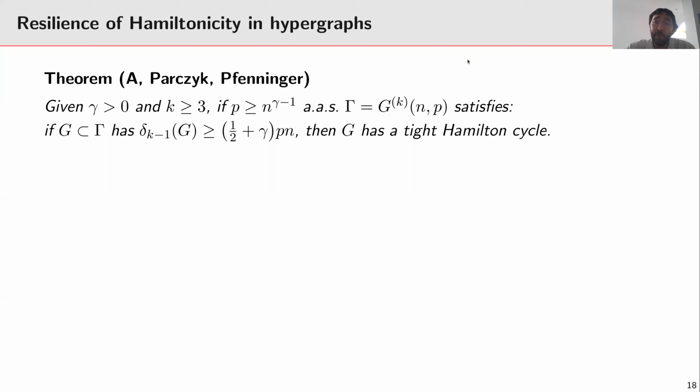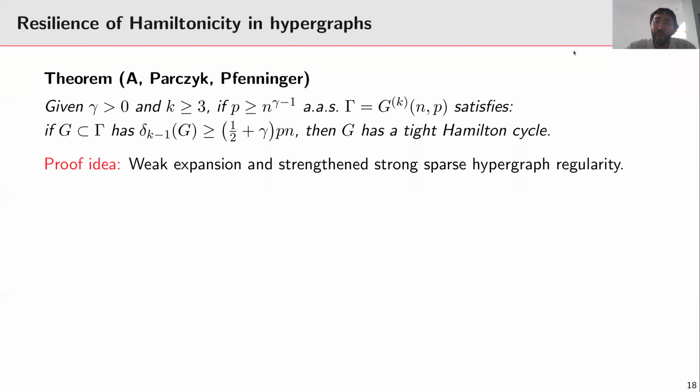So this theorem is almost optimal in 2 ways. If you try and change the plus gamma here to a minus gamma, then there's a simple construction of graphs which don't have tight Hamilton cycles. And if you try and change the plus gamma here to a minus gamma, or in fact even just to a 0, then the random hypergraph itself, by the first moment method, almost surely doesn't contain a tight Hamilton cycle.